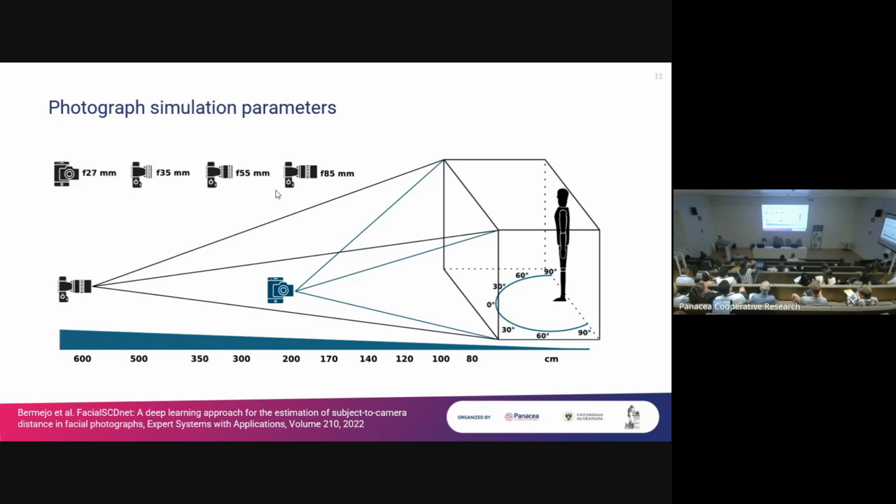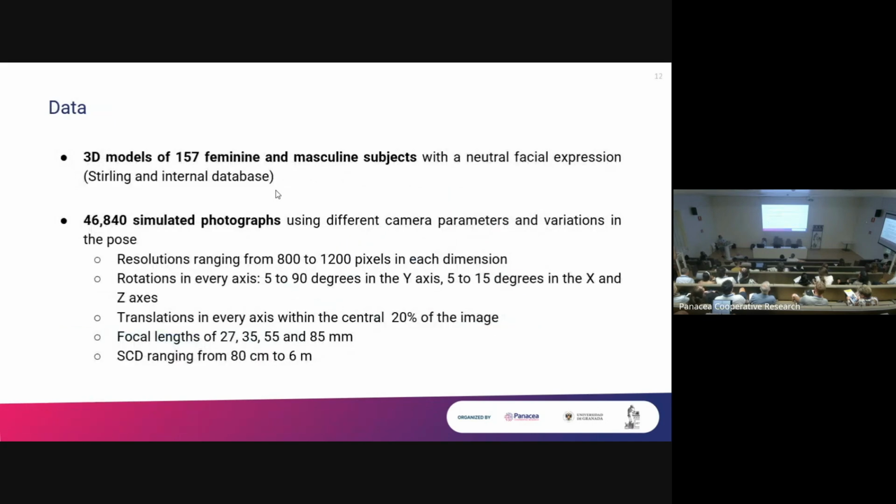We also rotated the subject so that we could simulate many kinds of facial poses. In total, our dataset is composed of 157 feminine and masculine subjects, and we simulated almost 50,000 pictures by varying the resolution, rotation in all the axes, and four different focal lengths.